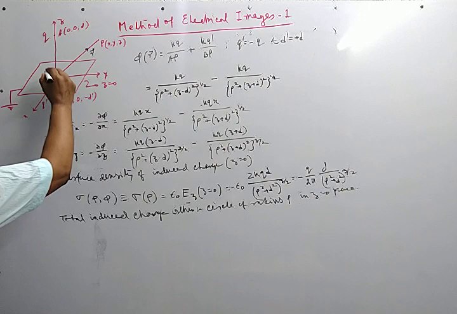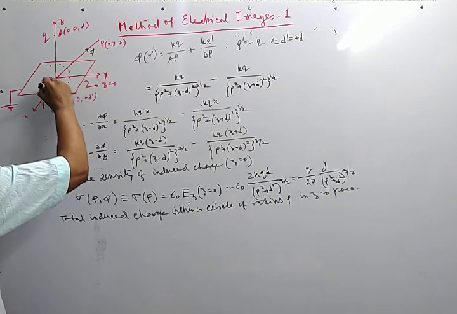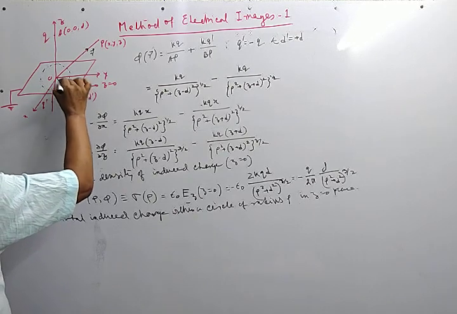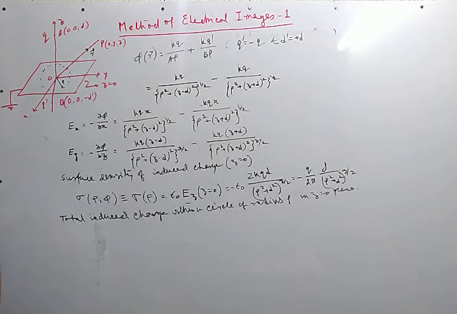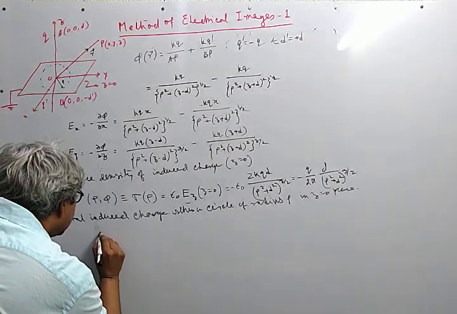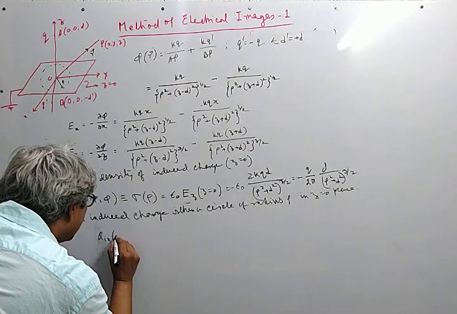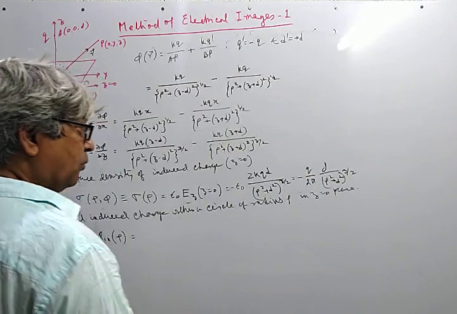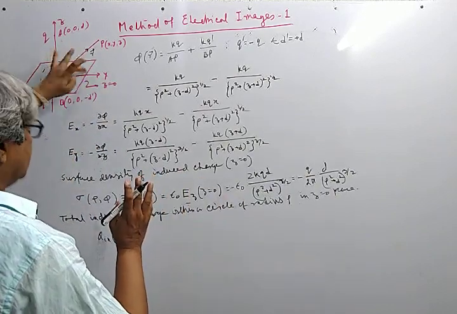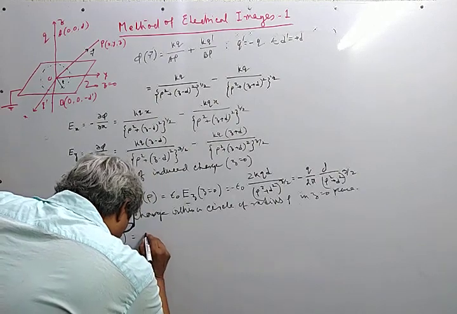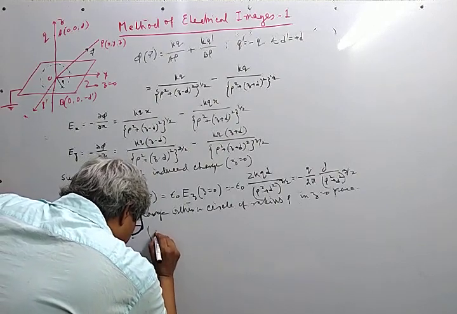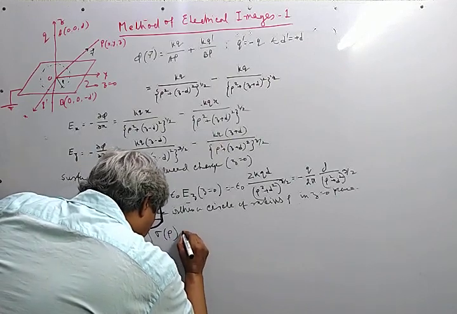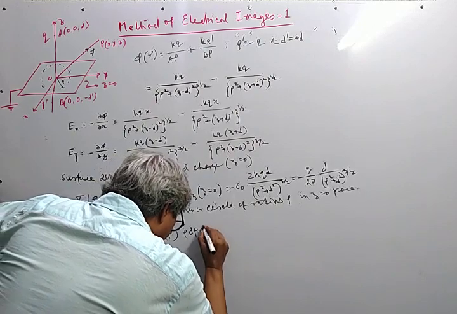That means we are considering a circle of radius rho in the xy plane. This is rho, and how much is the charge? This can be obtained: q induced within rho is obtained by integrating sigma within this plane, integrated over rho d rho d phi.